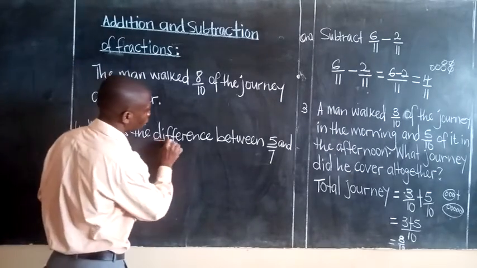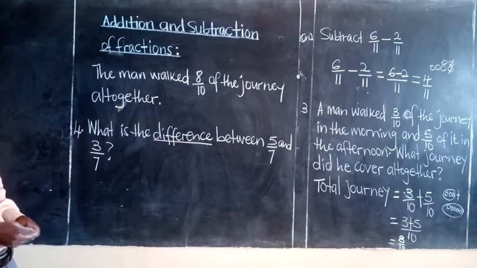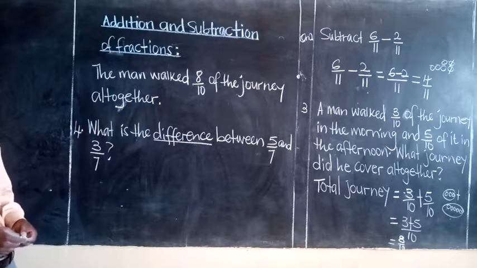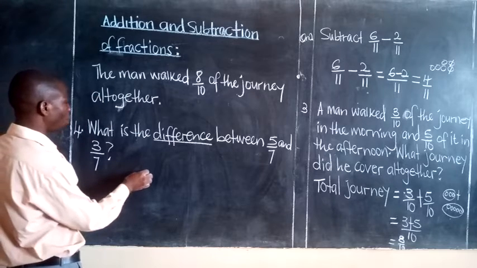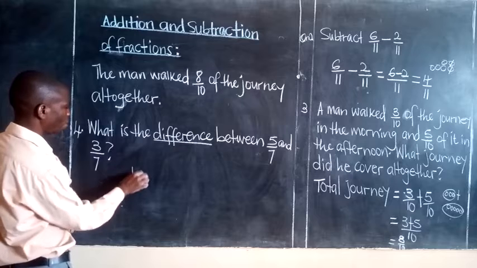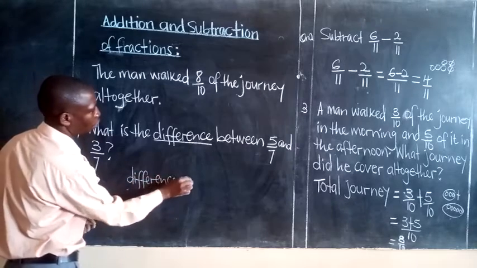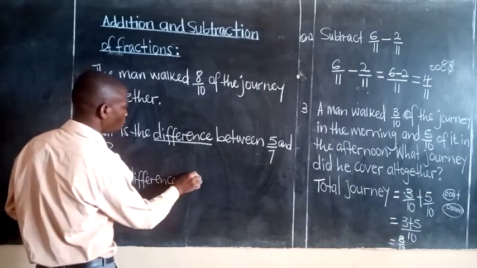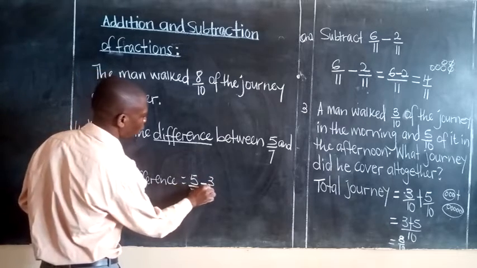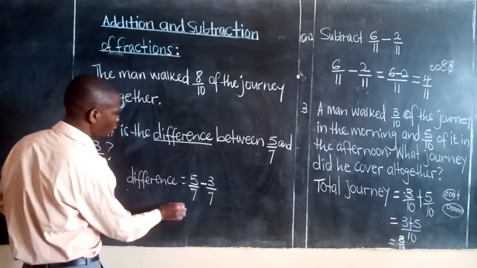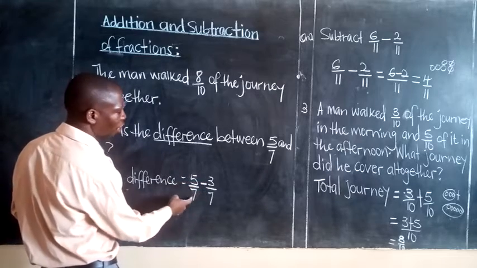What confirms it is this word, difference. To get the difference, we shall have to subtract, like what we said in our previous lesson. So here we begin by saying difference is equal to 5/7 take away 3/7. We are dealing with only numerators. The denominator is just maintained.